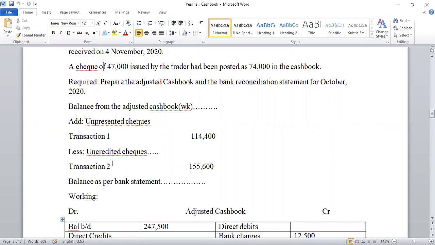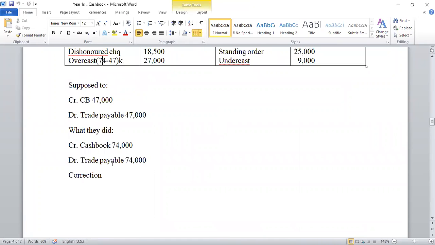What they did wrong here is they credited the cash book with 74,000 and debited the trade payables with 74,000. At the end of the whole thing you find that the credit side of the cash book is 74, yet it was supposed to be 47.